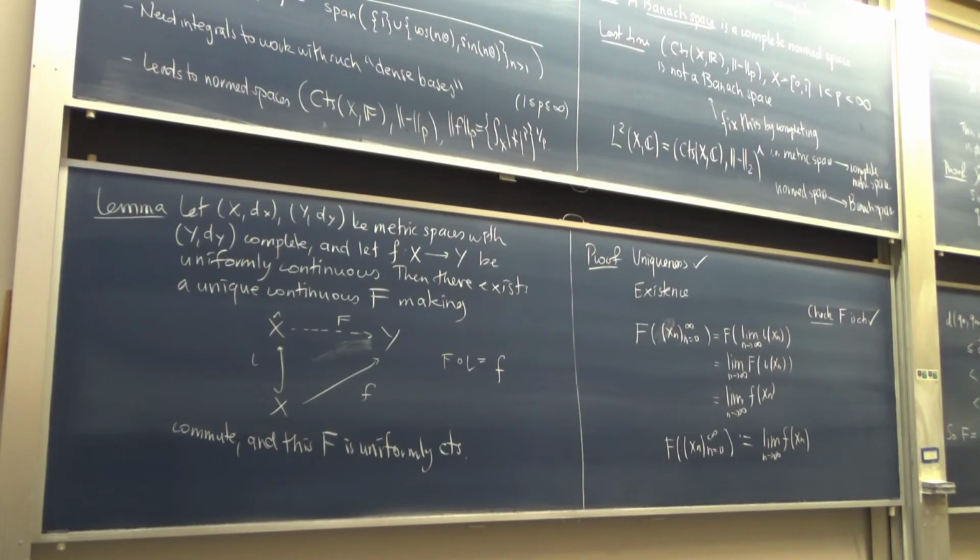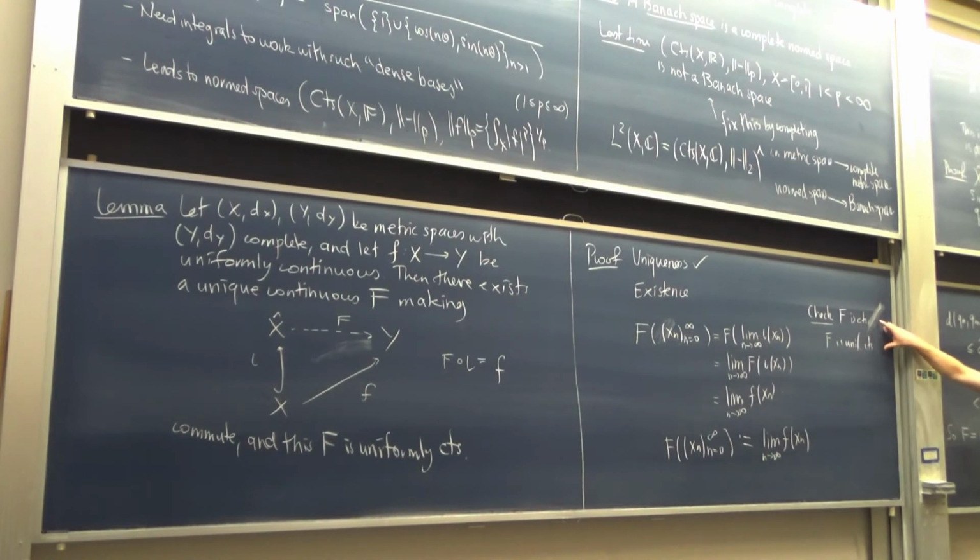Then there's this supplementary assertion that this unique F is actually uniformly continuous. So we need to check that as well. Okay, so that's the checks that remain to be done. I'm actually going to skip these checks because it's all the same stuff we've been doing. There's no real content to it.